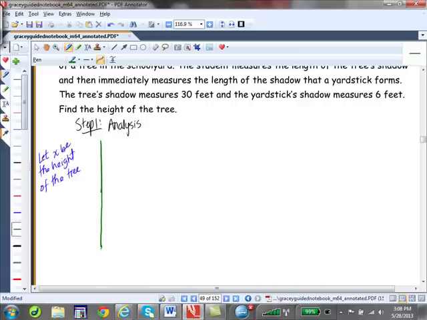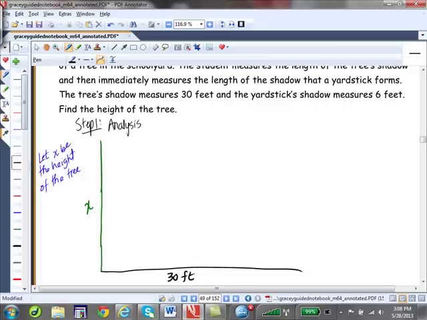Okay, so we've got this height, and then we've got its shadow that comes out, right? And we don't know. So this whole thing is x. I'll do it in green. So the green is x. Now we've got a shadow that comes out, okay? And the shadow of the tree measures 30 feet.